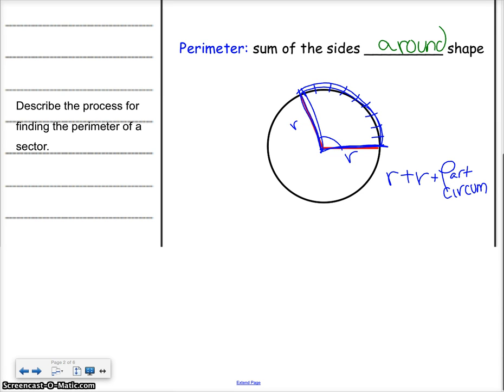That part is really the arc length, circumference. I need more room. R plus R plus part of the circumference. How do you figure out part of the circumference? That's the biggie, and that's when you actually need a proportion.